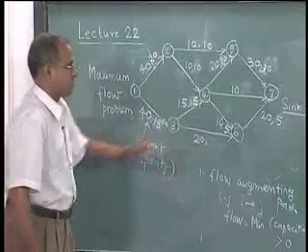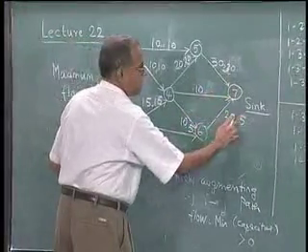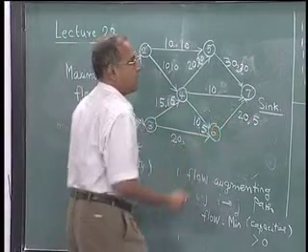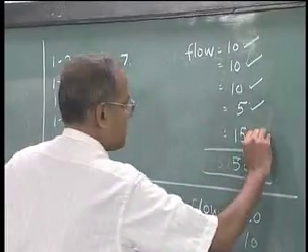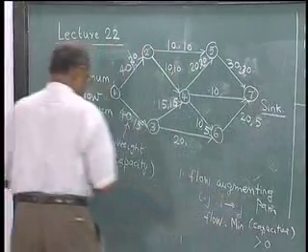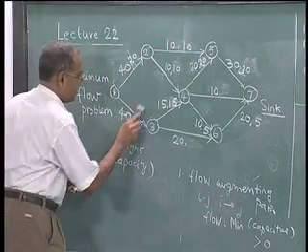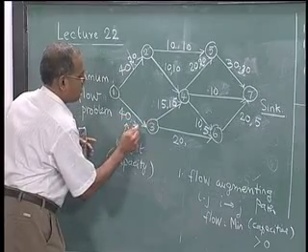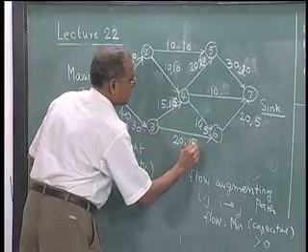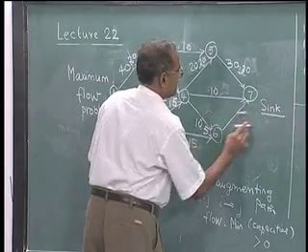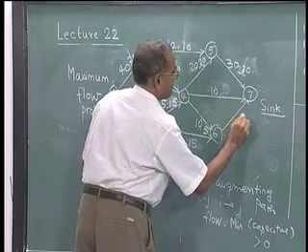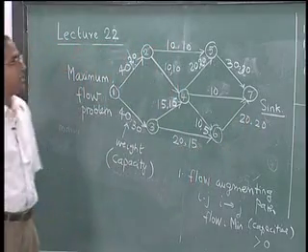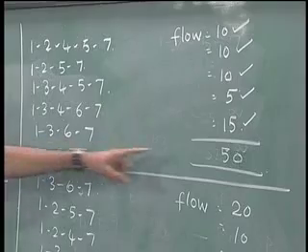So, 20 is possible, 6, 7, 15 is possible. So, 25, 20 and 15. So, we take the minimum of them which is 15 and therefore, this gets augmented to 30. This becomes 15 and this becomes 20. This becomes 20. Now, we have a total flow of 50.